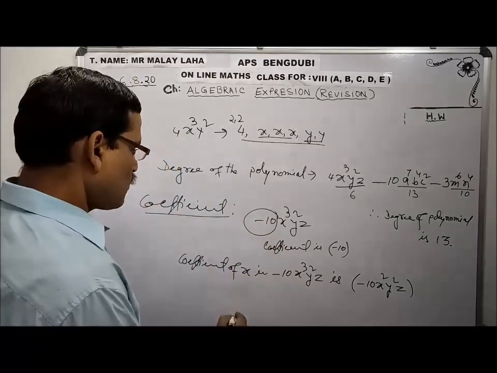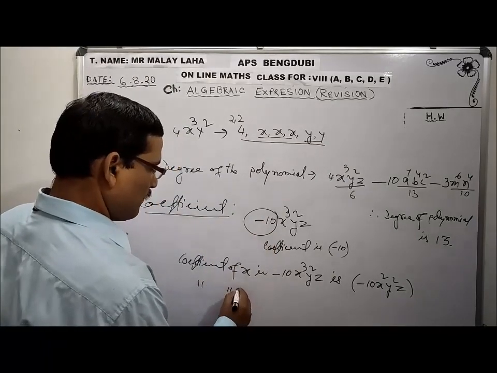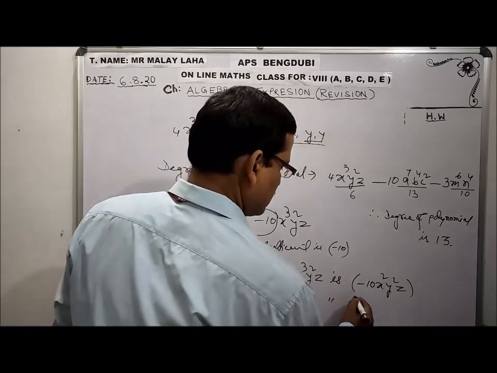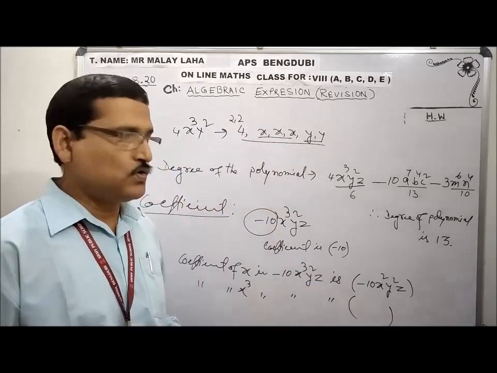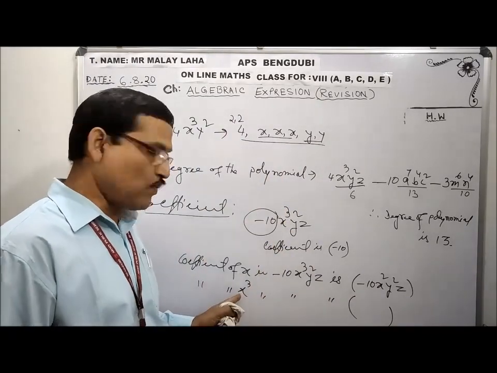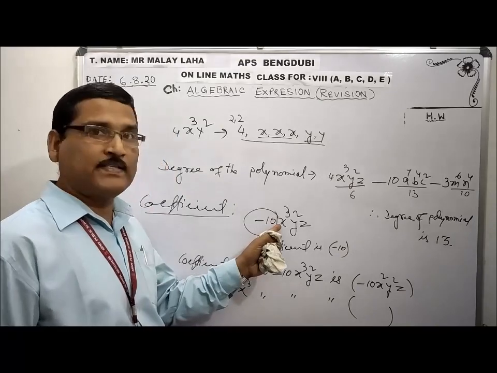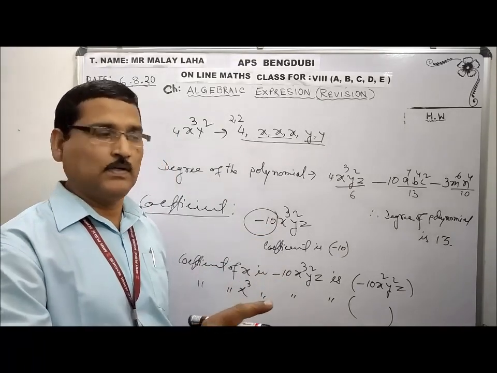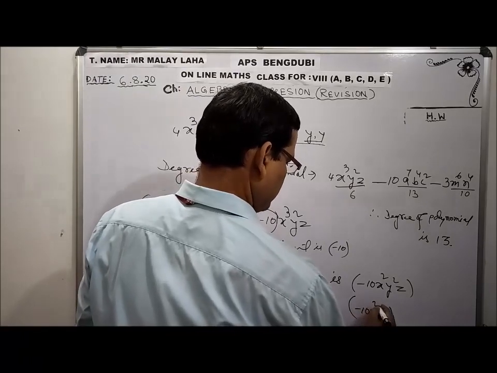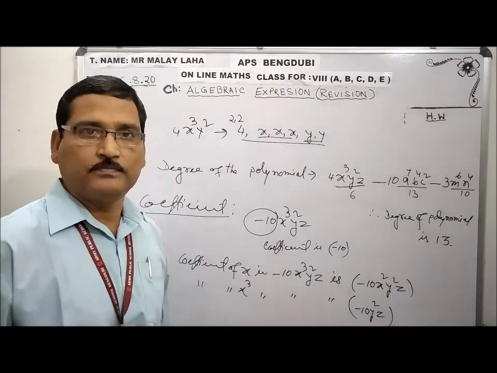If I say coefficient of x cube in this, what is it? When I am taking the coefficient of x cube, leaving x cube, the remaining part, you have to write down minus 10y square z.